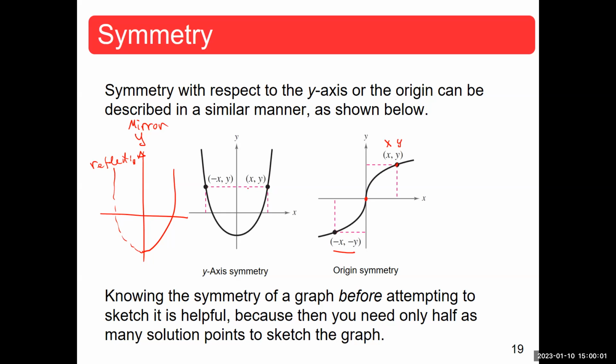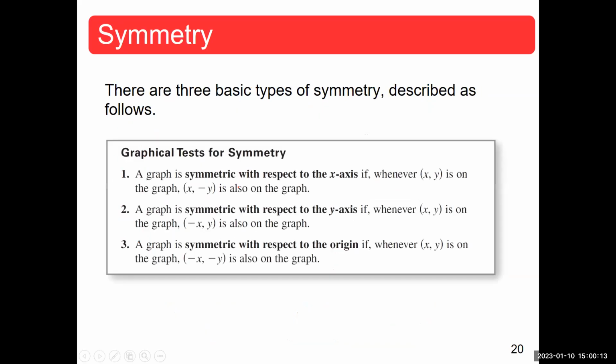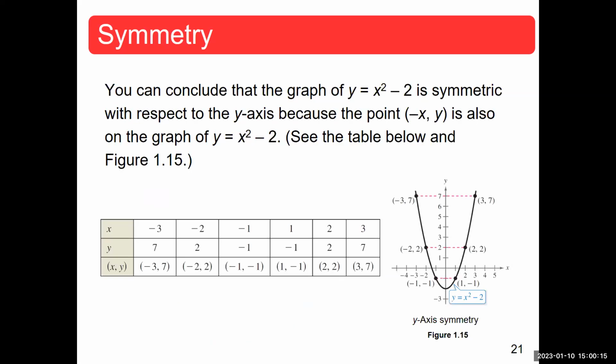When we have symmetry about the y-axis, the x is negative here and x is positive there, whereas the y is positive for both of them. They are having an example here, y equals x squared minus 2. If you plot it, you see this is exactly symmetric about y.